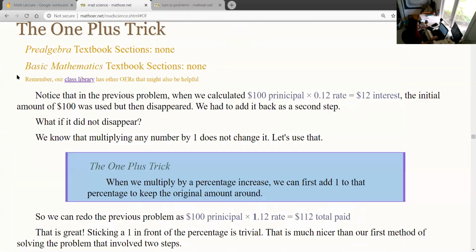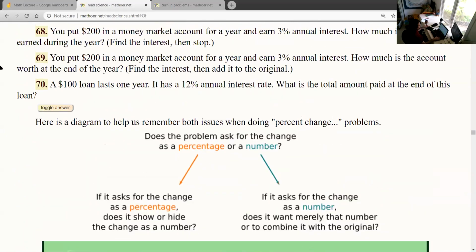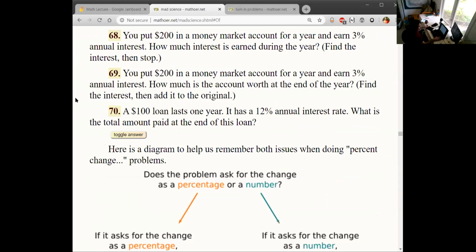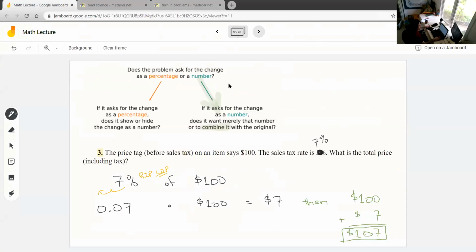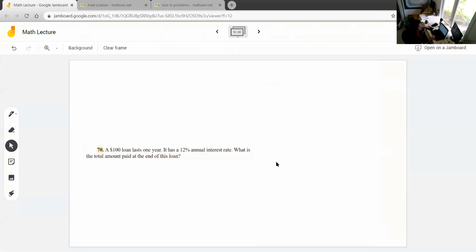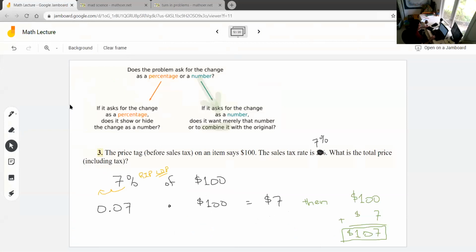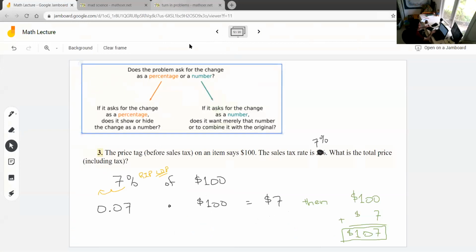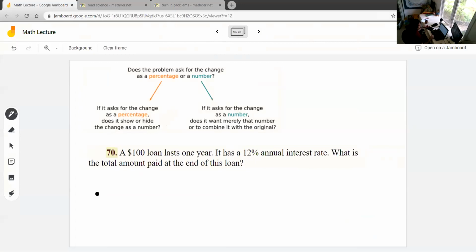And there is. So first I'm going to do this exact same problem just for the sake of having the lecture flow. I'm going to go a little speedy because this is so much the same as what we just did. There's a $100 loan.